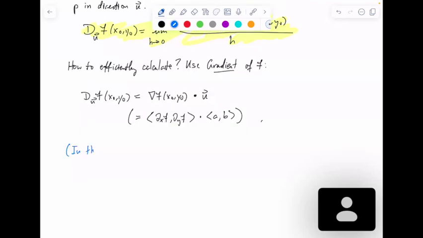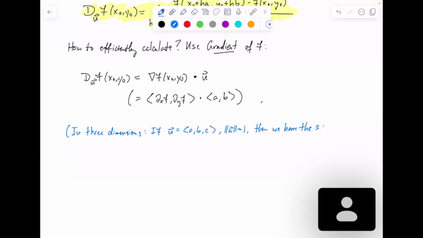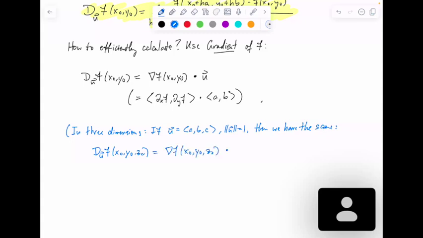In 3 dimensions, let's say if u is a unit vector with components a, b, c, then we have the same, and that gets you the directional derivative in the direction u at a point x naught, y naught, z naught: the gradient at that point dotted with u, which I guess you could expand out similarly as above with a z derivative as well.